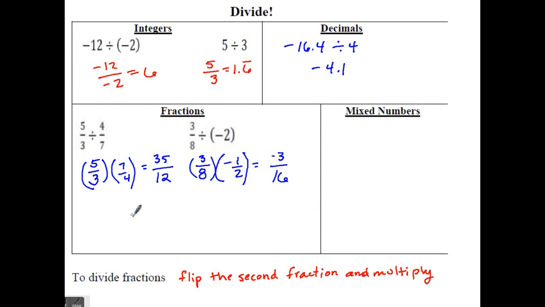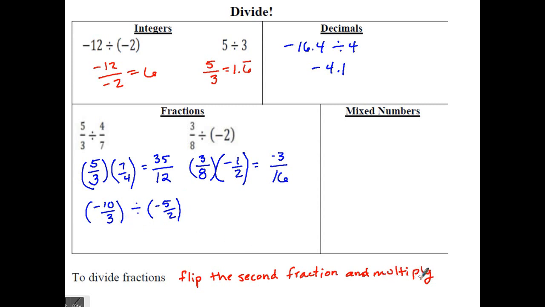Let's go on to another example here. Let's do negative 10 over 3 divided by negative 5/2. Okay, we want to do the following again.